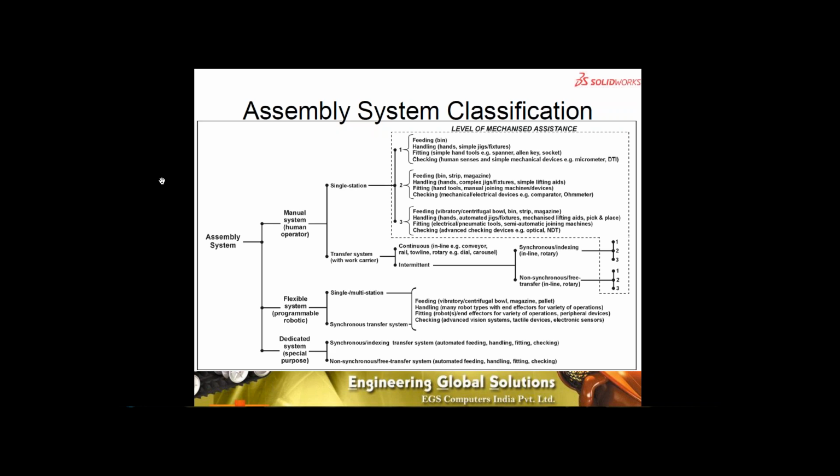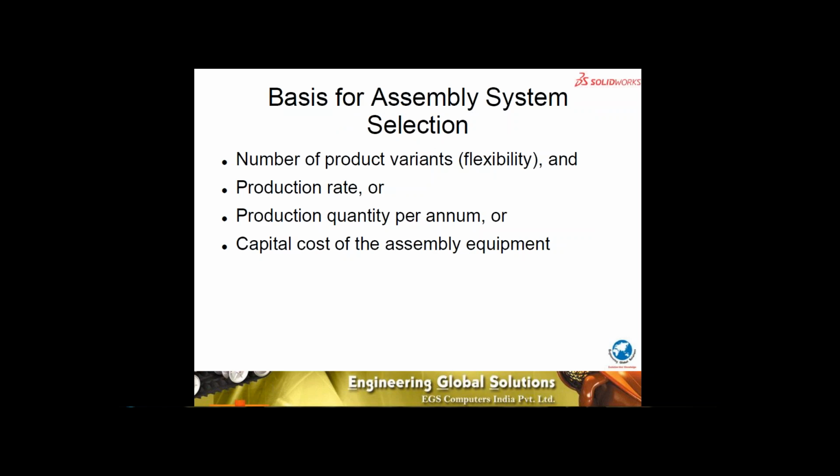For precision, sometimes human operator bias needs to be eliminated, in which semi or full automation of the assembly is a prerequisite. The bases for the assembly selection are the number of product variants, the flexibility, the production rate, the production quantity per annum or per month, or the capital cost of the assembly equipment that is required for this particular assembly system.